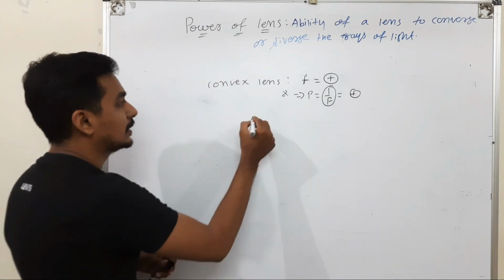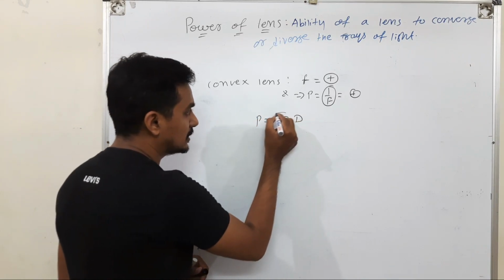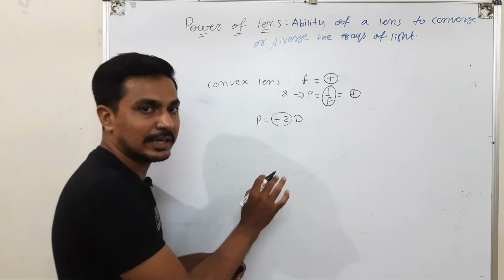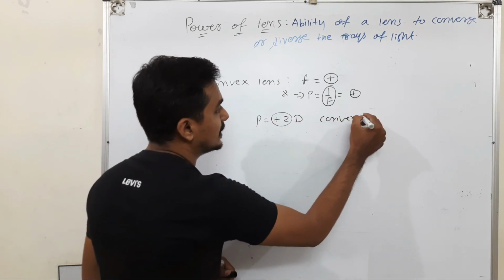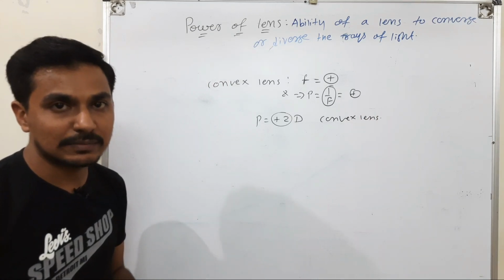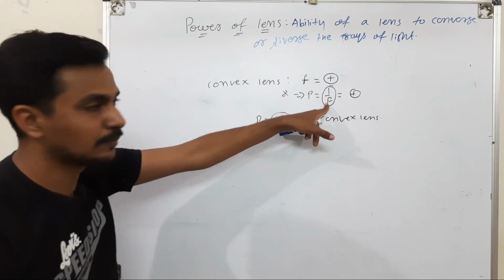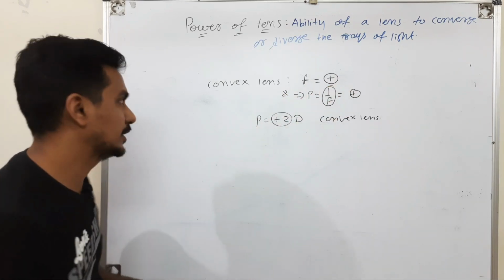If it is given that the power of lens is plus 2D, or only 2 is there, then the lens is a convex lens, because the focal length of the convex lens by sign convention is positive. So 1 by a positive number, the answer will also be positive.